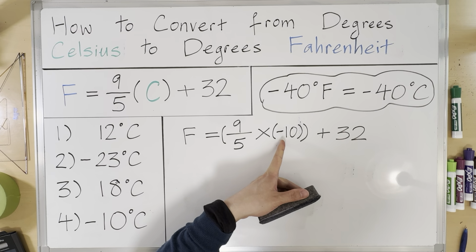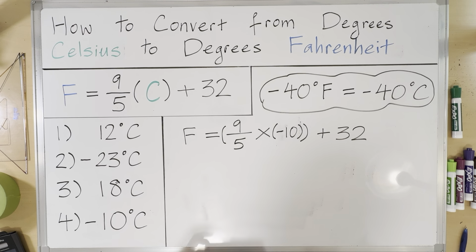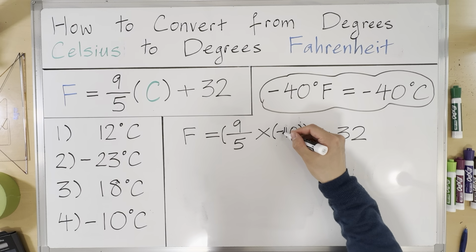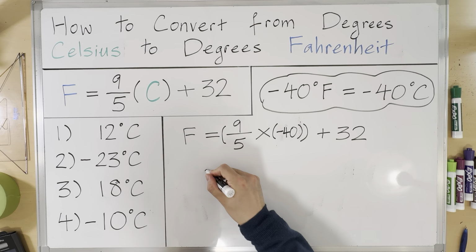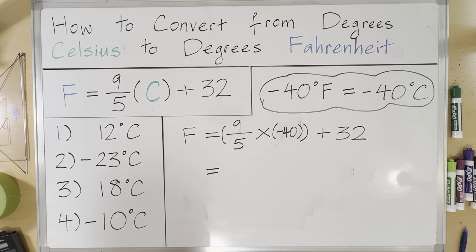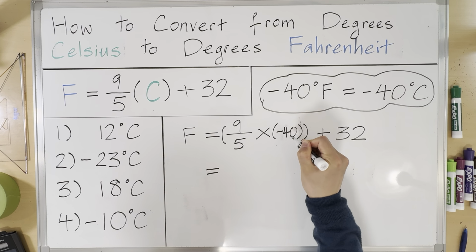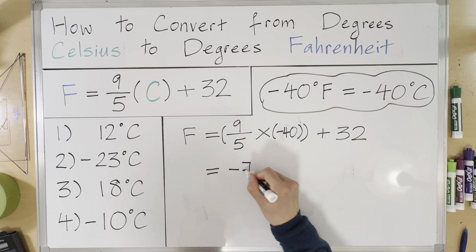So I'm going to change this from negative 10 to negative 40. So now, nine over 5 times negative 40, that is equal to negative 72.